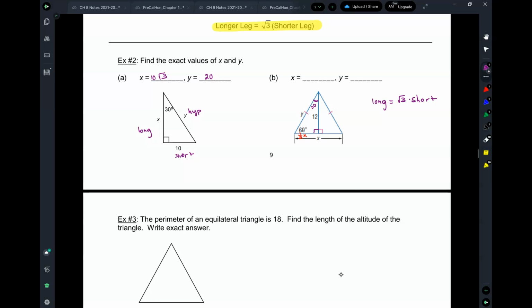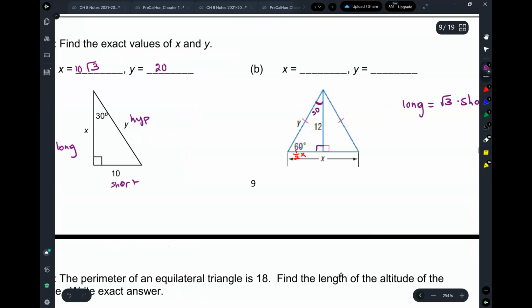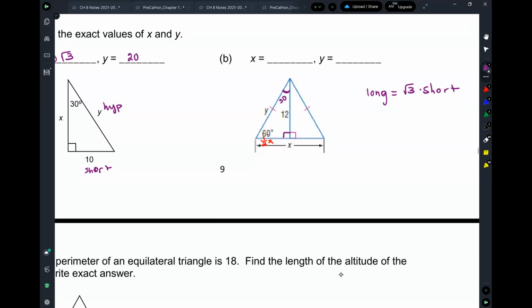Okay. So, take a look here. We need to find this side. That's the short leg. How do I find the short leg? Look at this one. This is what we know, correct? So let's solve this for the short leg. How much is the short leg?